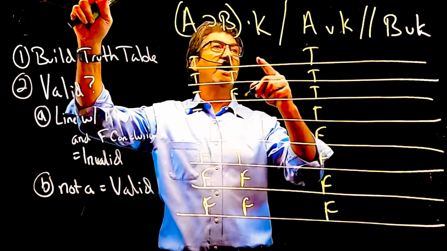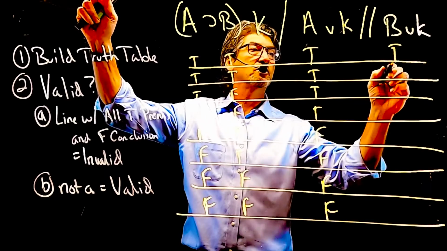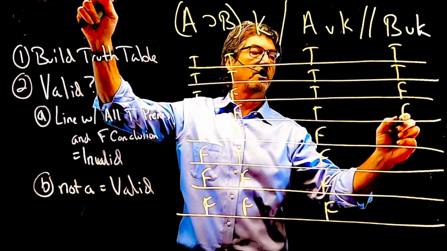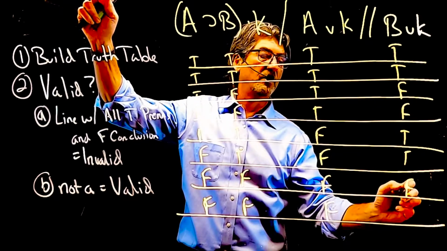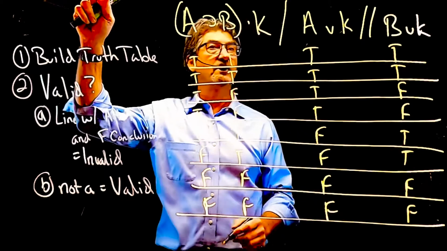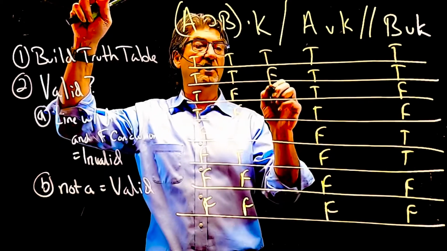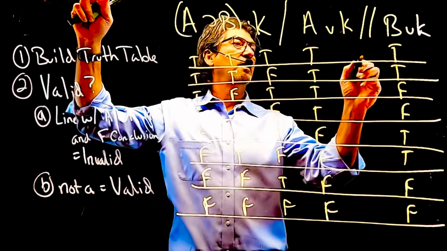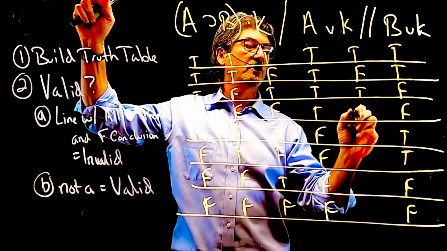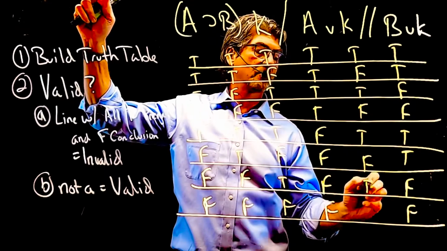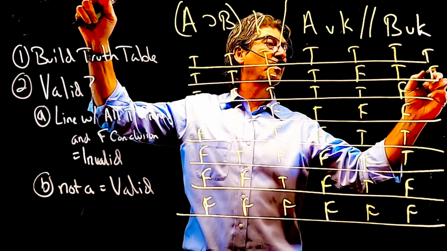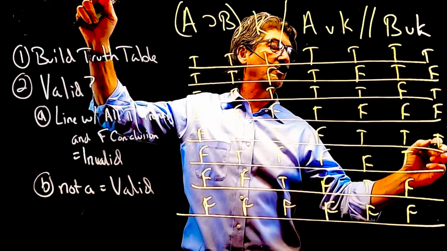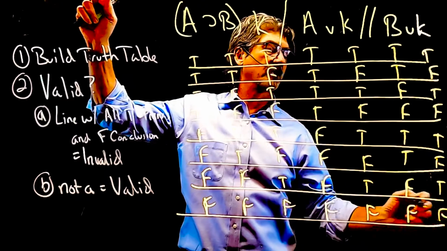And then every other B right over here, true, true, false, false, true, true, false, false. Then under the K, alternating, true, false, true, false, true, false, true, false.